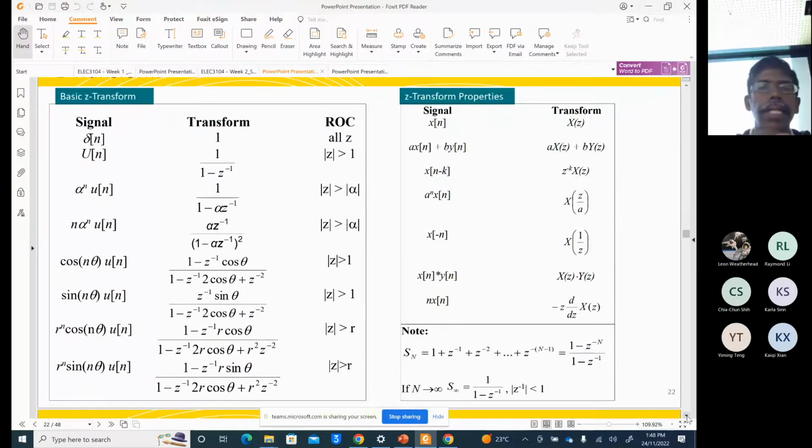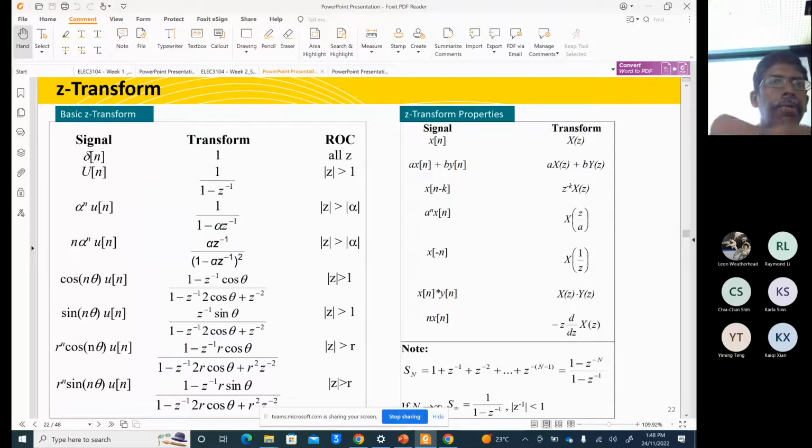So if you find this pattern, you should be able to apply this pattern likewise. So that you should know. And for the symbol signals, the unit impulse, the transform is 1, unit step function is 1 over 1 minus z to the minus 1, likewise, and these are the properties. So okay, so that you should be able to apply it.